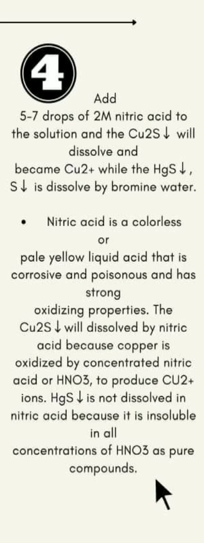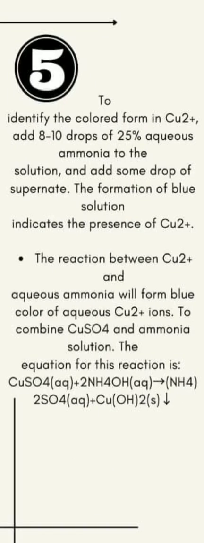The copper sulfide precipitate will dissolve in nitric acid because copper is oxidized by concentrated nitric acid, or HNO3, to produce cupric ions. Mercuric sulfide is not dissolved in nitric acid because it is insoluble in all concentrations of nitric acid as a pure compound.